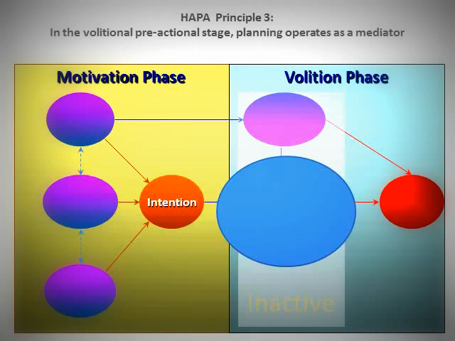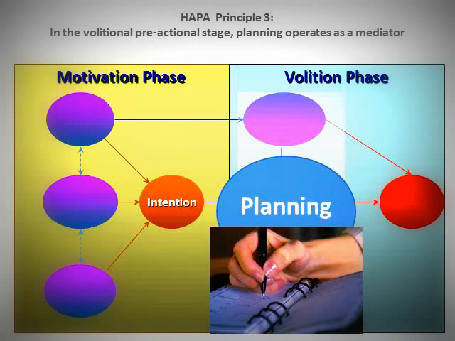When people do hold an intention but they still fail to act, they are in the volitional pre-actional stage. This represents a great challenge for psychological research and interventions. People who are motivated but don't act often only need the right skills to translate their intention into action.